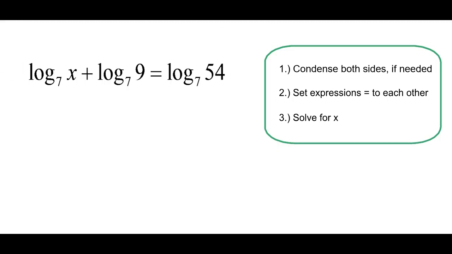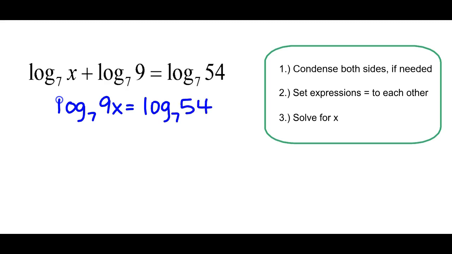The next one here, I have log base 7 of x plus log base 7 of 9 equals log base 7 of 54. We need to condense the two logarithms on the left-hand side. Because they're both being added, we can combine them into one single logarithm and multiply x times 9, which is 9x.